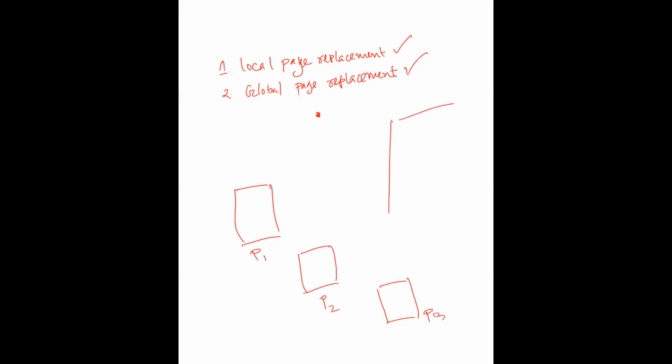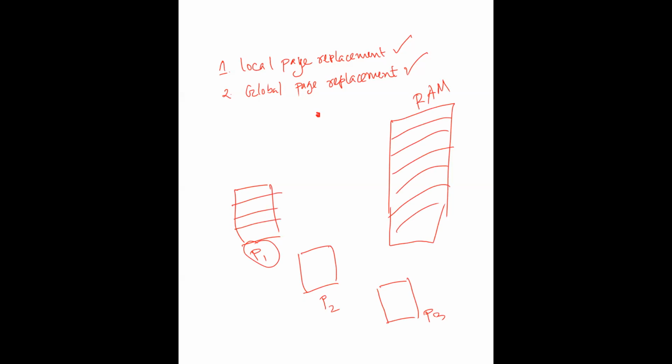This is your computer's memory, or you can say RAM, and for process P1, you allocate a total of three frames.